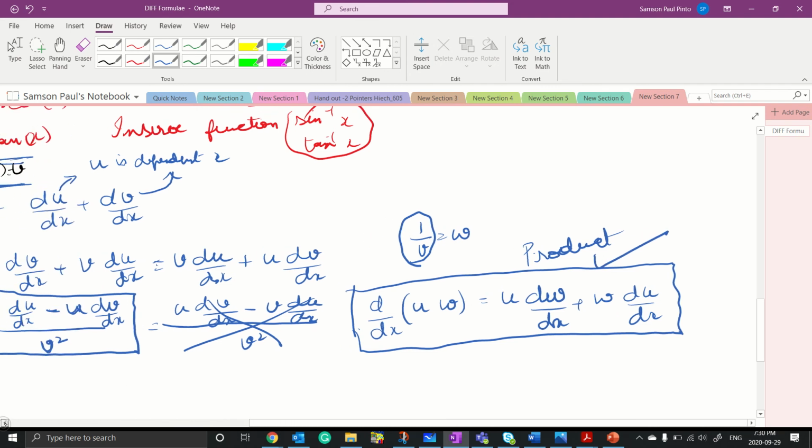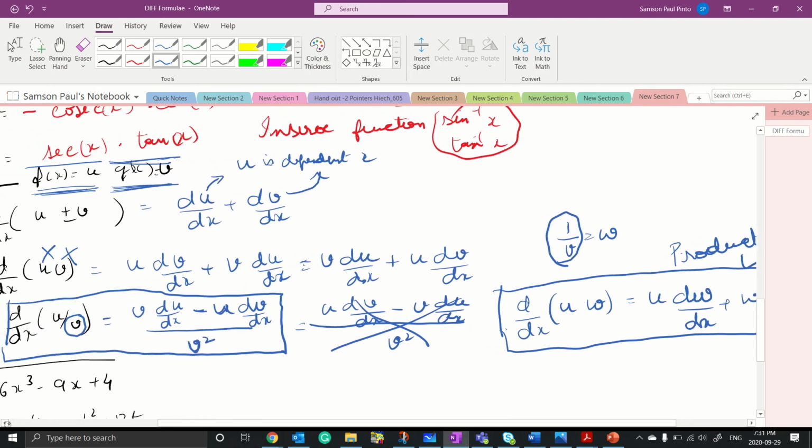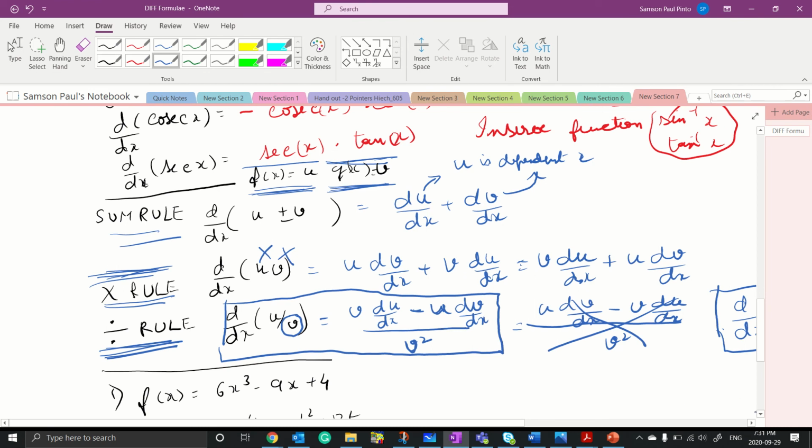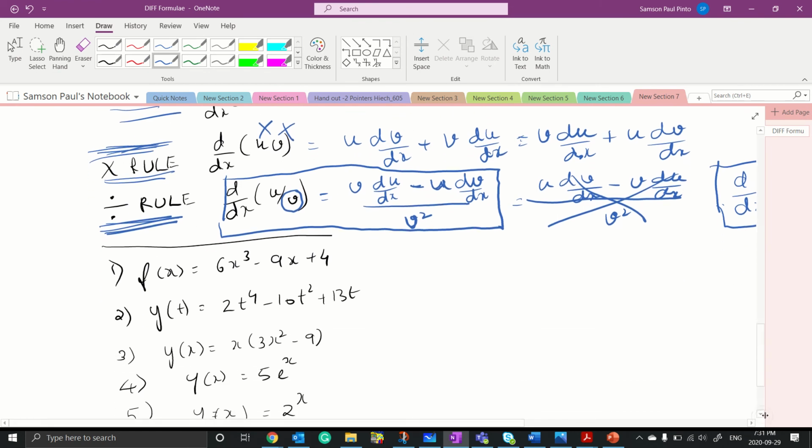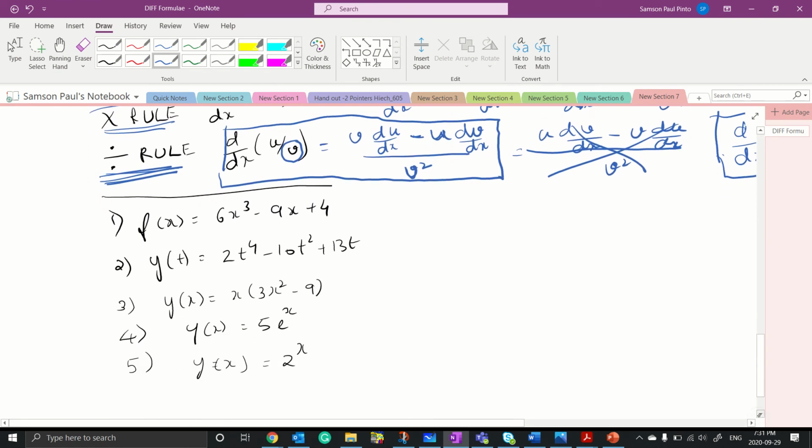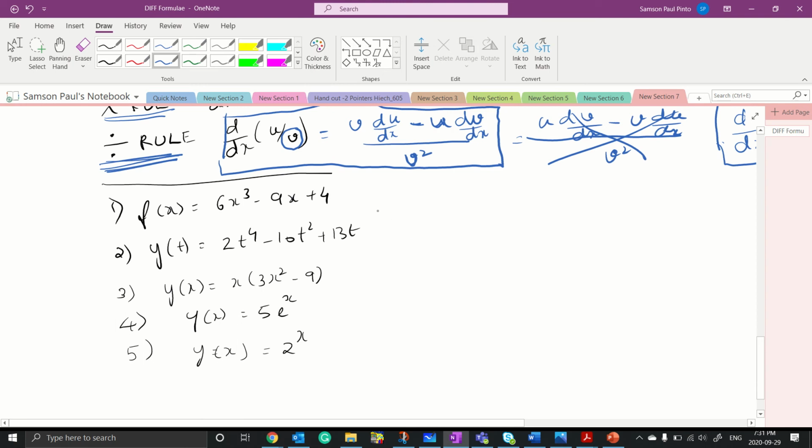Then moving on, I'm going to show you some simple 4 or 5 problems on how to do differentiation. What is the answer here? Here we are going to use the differentiation of x power n, which is n x to the power n minus 1.